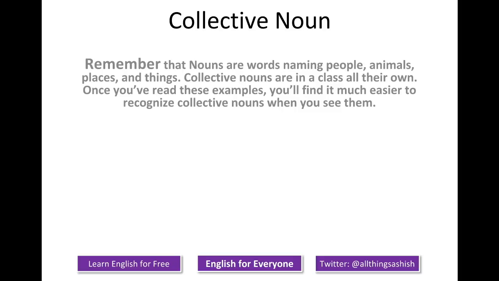Once you have looked at some examples, you'll be much more able to identify a collective noun when you see one. So words like class, herd, jury, team, army, council, family, group, audience, these are all examples of collective nouns.